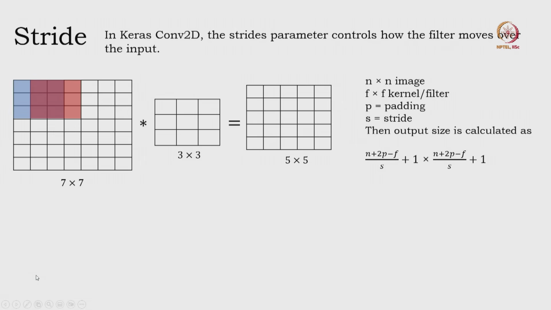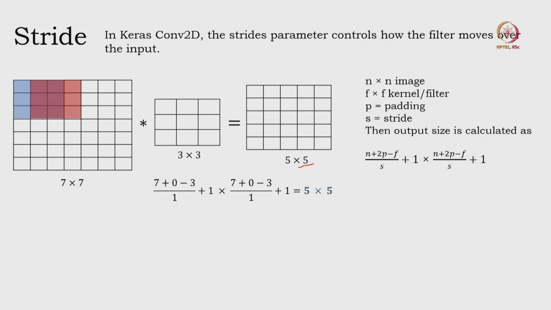Since the s value is 1, substitute the values into this formula. The n value is 7, padding has not been applied so padding is 0, the f value is 3 and the stride is 1, plus 1. When you substitute and calculate, we get the size 5 cross 5. So, this is the feature map.